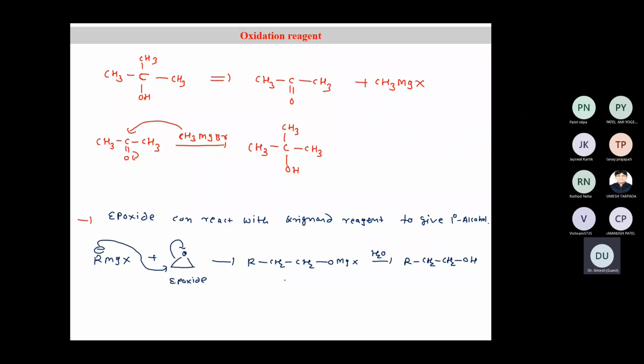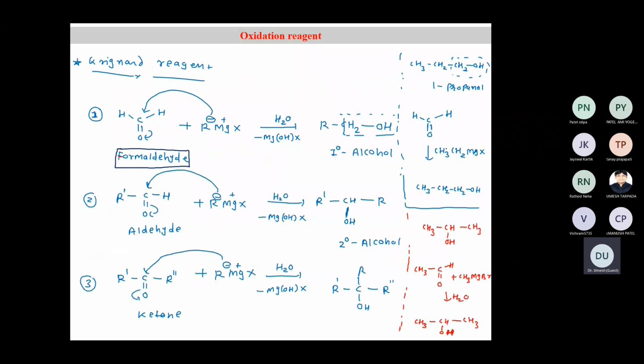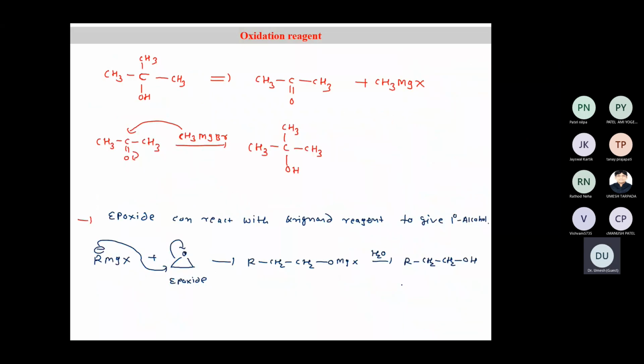So again, you can have one more option over here. If you want to synthesize propanol, then R is equal to CH3. The second option is you can react CH3MgX with epoxide.